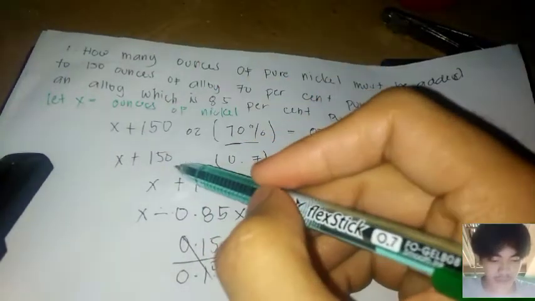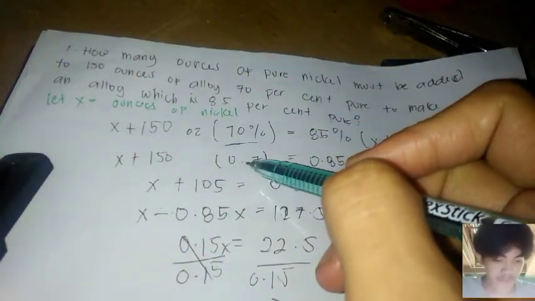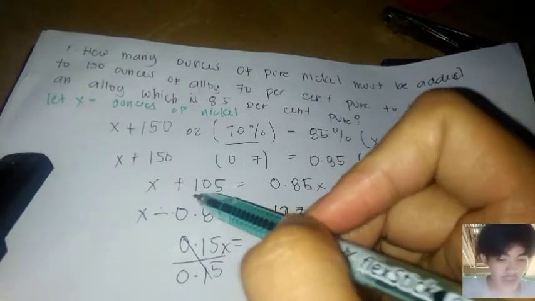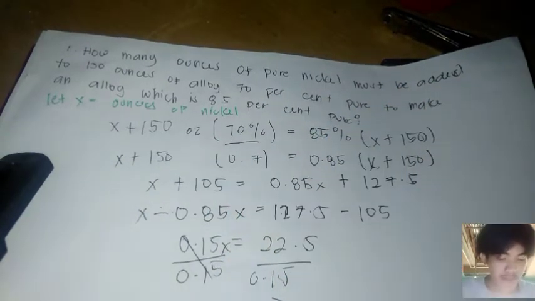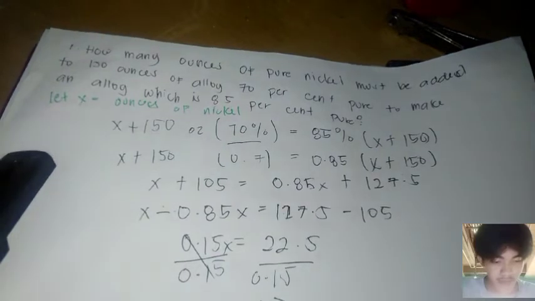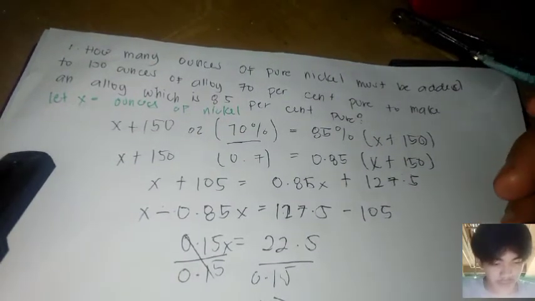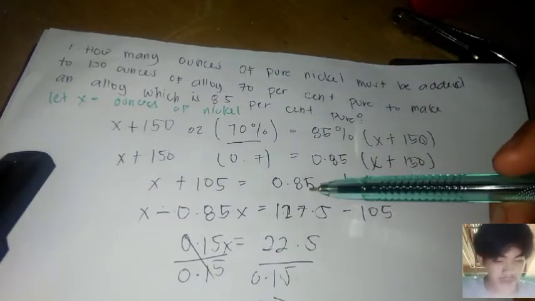Let's multiply the 150 to 0.7, so we have positive 105. Just copy the x. After that, what you need to do is to transpose the like terms.